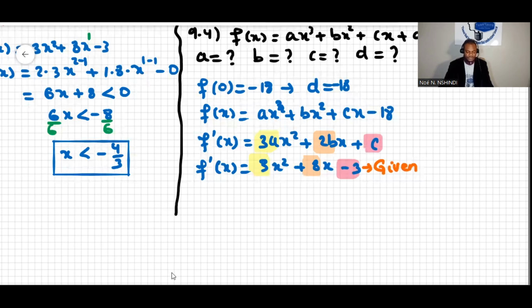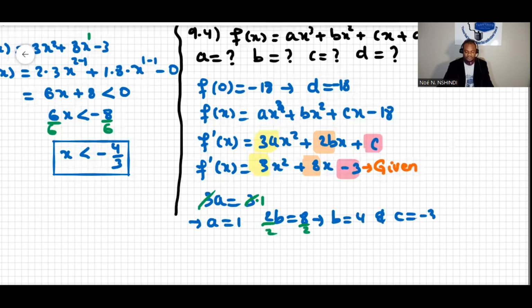So 3a equals 3, which means a equals 1, because we divide by 3 on both sides. Remember, it's like 3 times 1. When we cross like that, we're just left with 1. And then 2b equals 8, so we divide both sides by 2, and we have b equals 4. And then c equals -3.